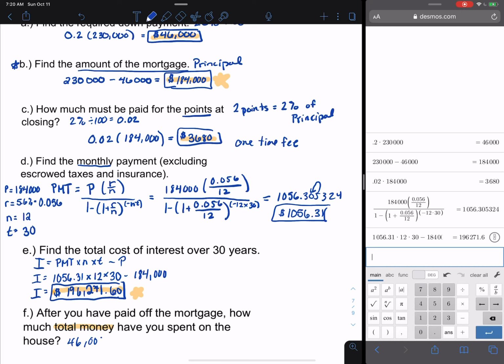We're going to add up the 46,000 plus the 184,000 plus the 3,680 plus the $196,271.60. So I'm going to plug this in the calculator.